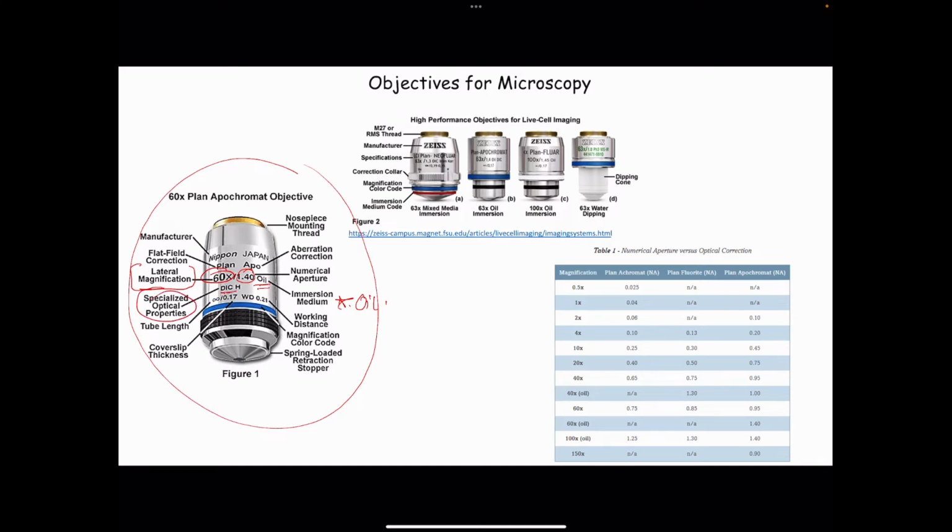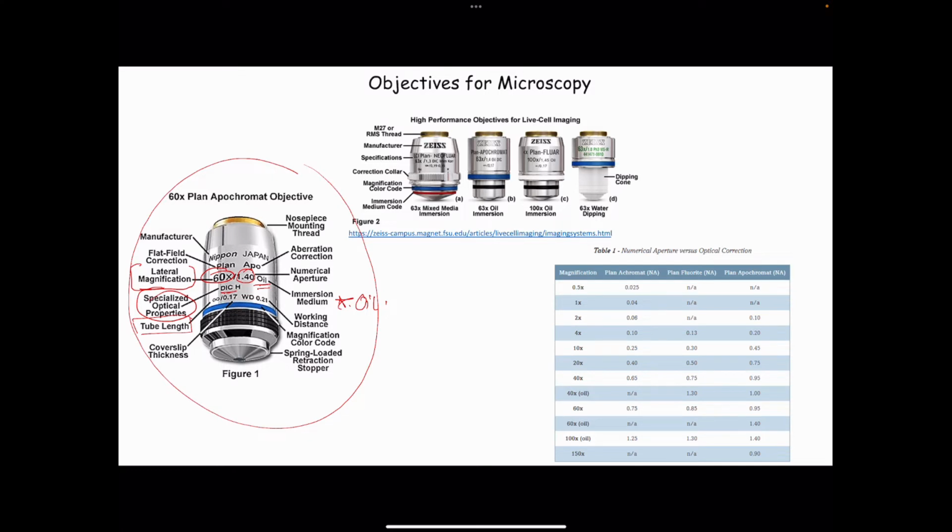Now, there is a tube length mentioned here, and tube length is basically the length of your entire objective, with several lenses inside. I'm going to cover this topic in much more detail when I cover the anatomy of the objective itself.